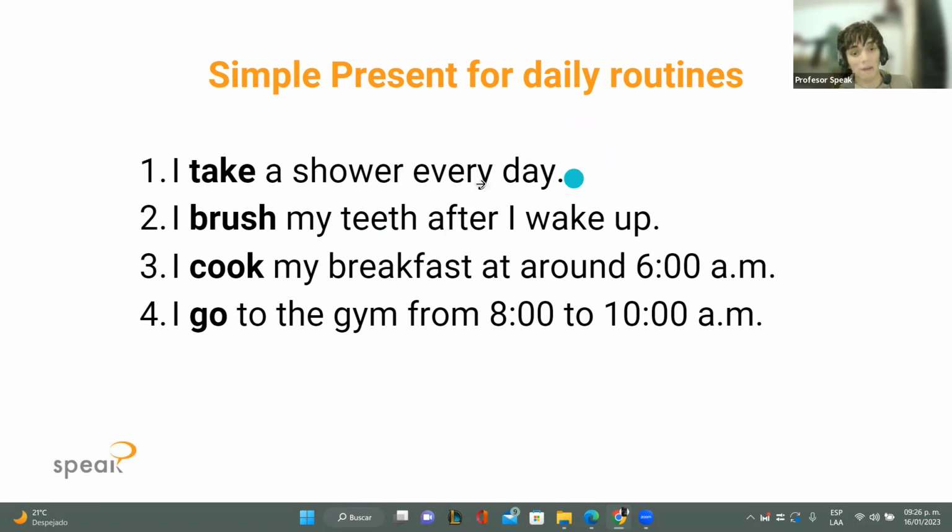For example, every day, after I wake up, around 6 a.m., from 8 to 10 a.m. And I want you to pay attention to the verbs that we're using, okay? Because in simple present, when we have I, you, they, we, and plural nouns, we use the base form verb. On the other hand, we use an S at the end of the verb when we have third person singular or singular nouns.